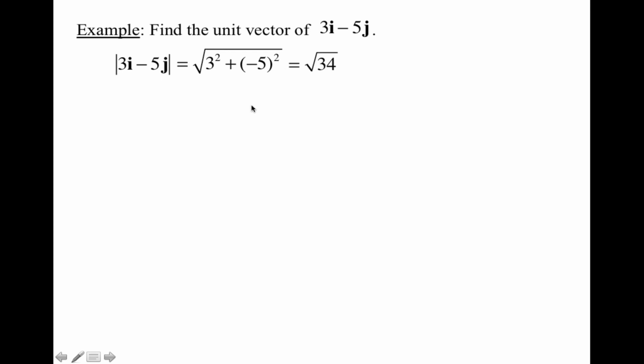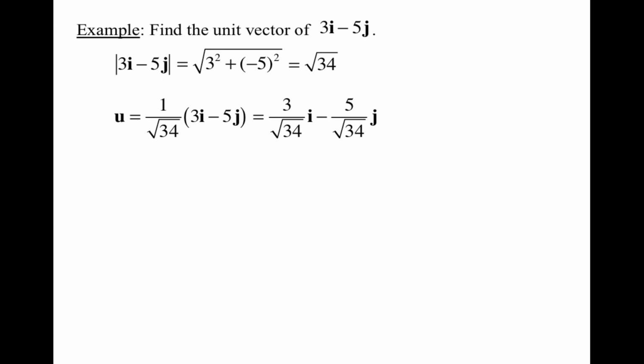After simplifying, I get the square root of 34. So my unit vector is going to be my vector over my magnitude, or the same thing as multiplying by 1 over my magnitude. Using my vector properties, I can distribute the magnitude through to get the following unit vector.